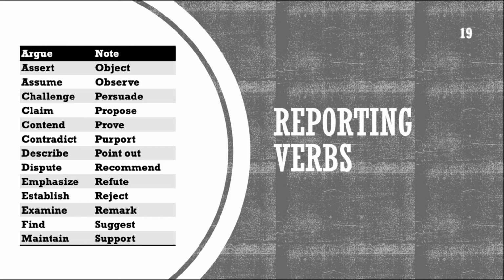So what are the types of reporting verbs? For example, we have some of the verbs, but not all, there are so many. You can use argue, for example, this study argues, asserts, assumes, challenges, claims, contends, contradicts, describes, disputes, emphasizes, establishes, examines, finds, maintains, notes, objects, observes, persuades, proposes, proves, purports, points out, recommends, refutes, rejects, remarks, suggests, supports.